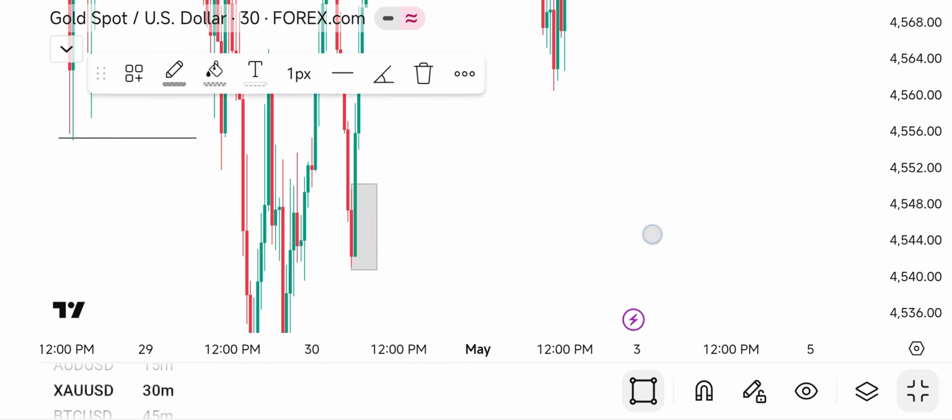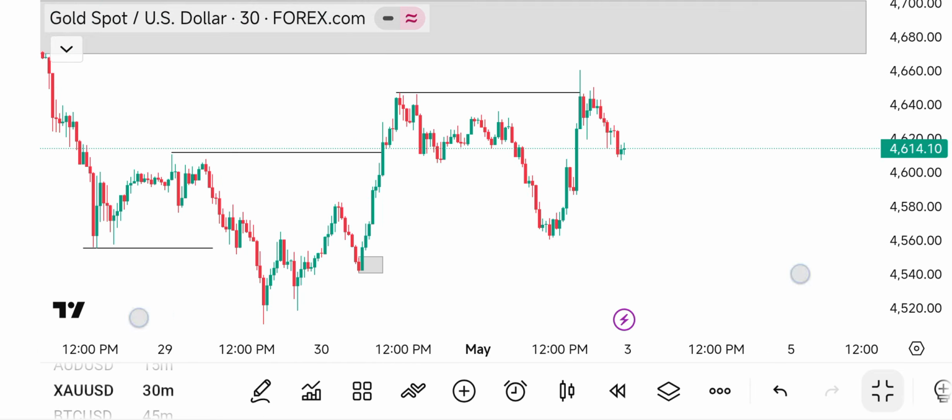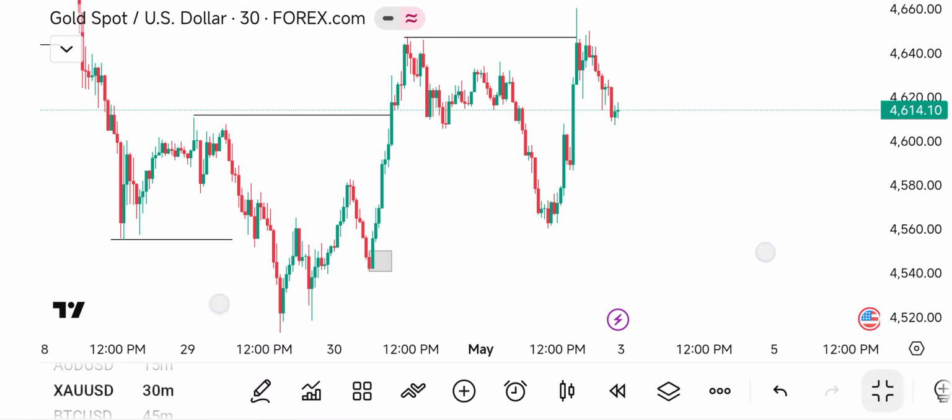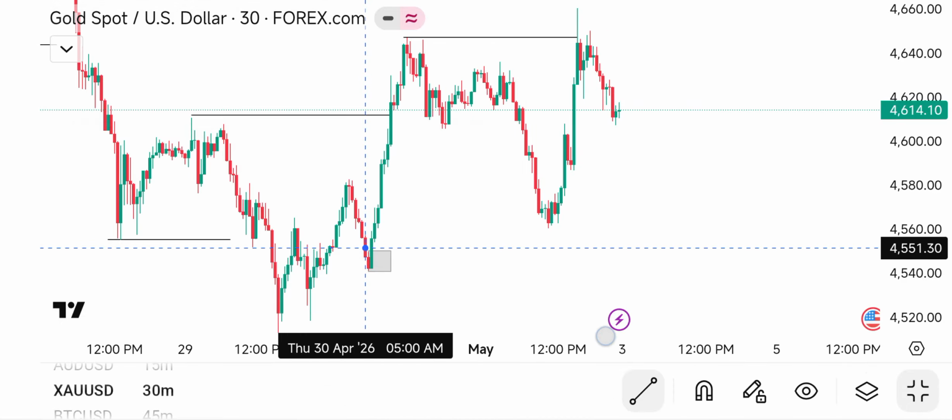So what we are now going to do is to place our order. We are going to take a buy from this other block right here.